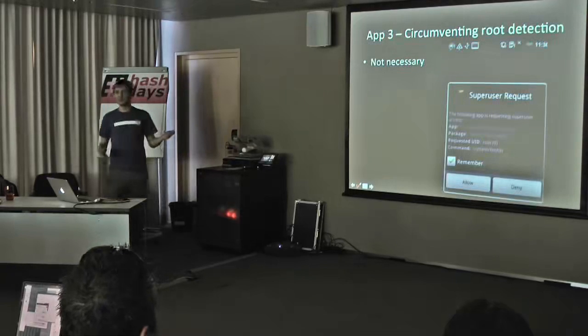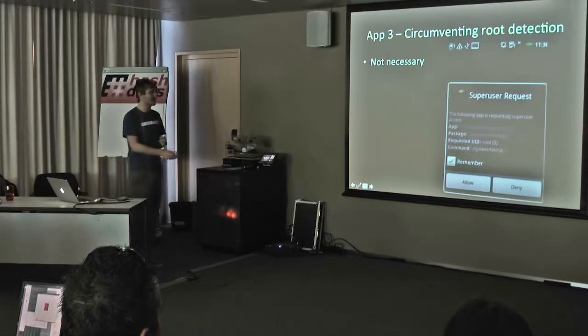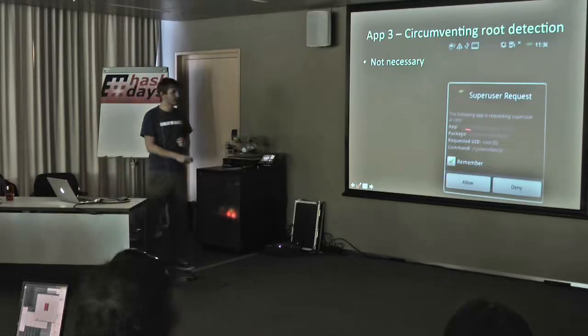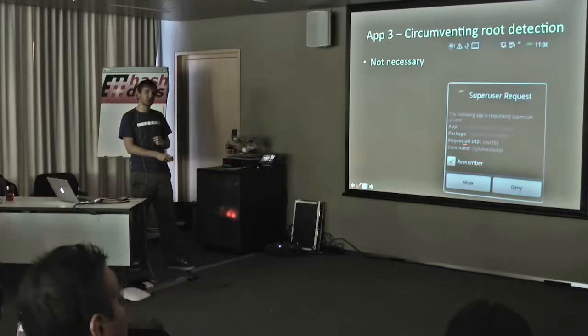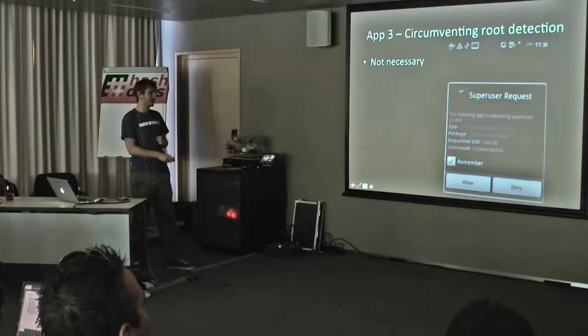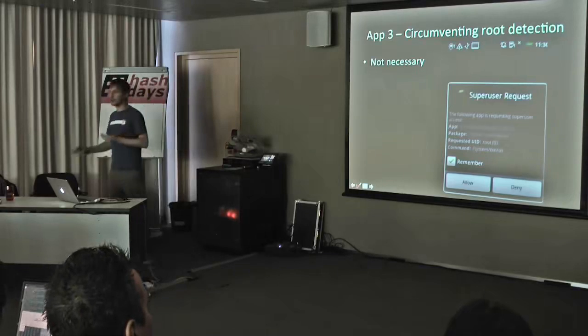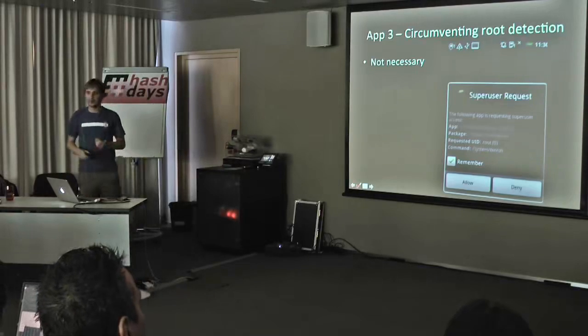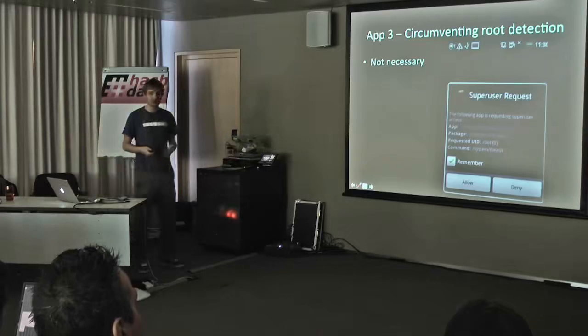So it was not necessary to circumvent this root detection. The app asks you, oh, there's an app from your company which wants to get root permissions, and you just say remember and deny, and your company will never notice that your phone is rooted. So the feature of this device management solution is not going to work at all.